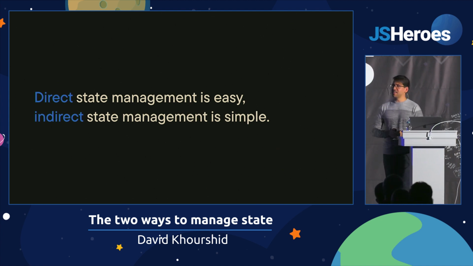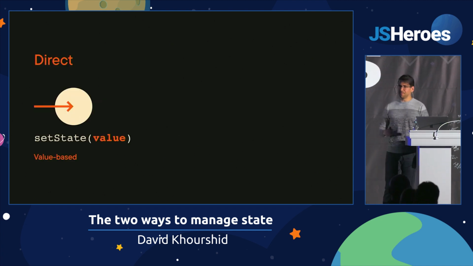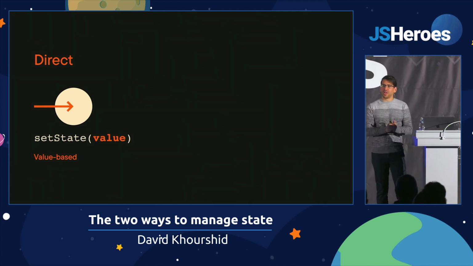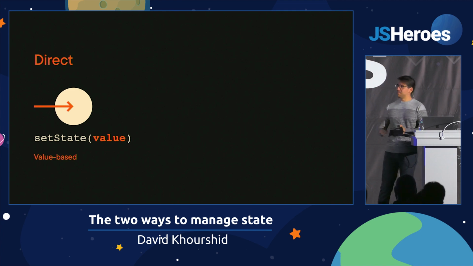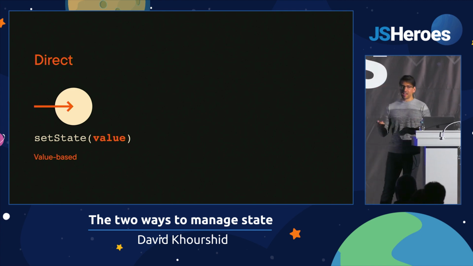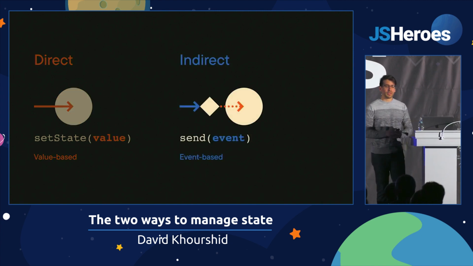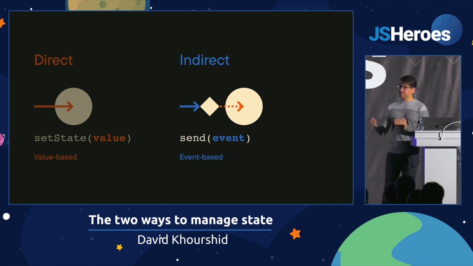The next realization is that direct state management is easy and indirect state management is simple. By direct, I mean we're directly updating values, just like we saw in the first example, where we updated the value of the count, and we saw what kind of problems that caused and how much duplication of logic we needed. With indirect, we're sending events.